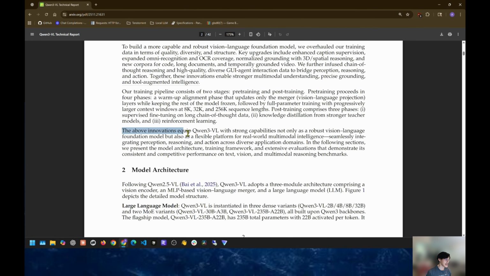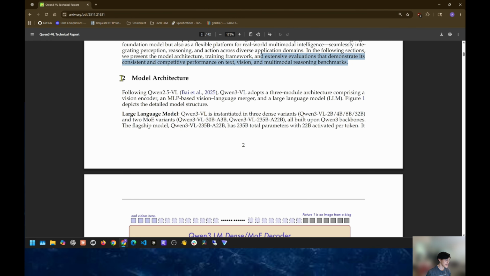The above innovations equip Qwen3 VL with strong capabilities not only as a robust vision language foundation model, but also as a flexible platform for real-world multimodal intelligence, seamlessly integrating perception, reasoning, and action across diverse application domains. In the following sections, we present the model architecture, the training framework, and extensive evaluations that demonstrate its consistent and competitive performance on text, vision, and multimodal reasoning benchmarks. 2.